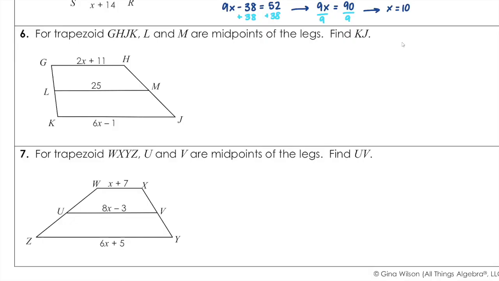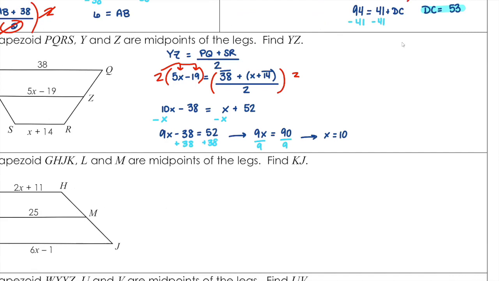Number 6. Trapezoid GHJK. L and M are midpoints. Find the measure of KJ. Okay, so this is a situation where writing out the formula may help us organize our thoughts. So what would the formula be?